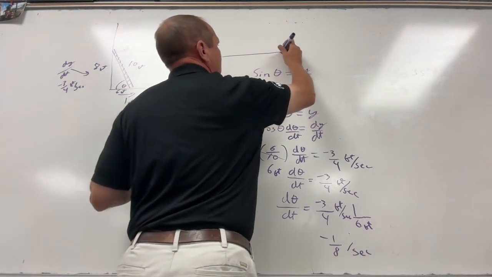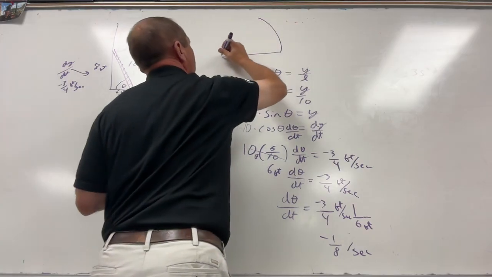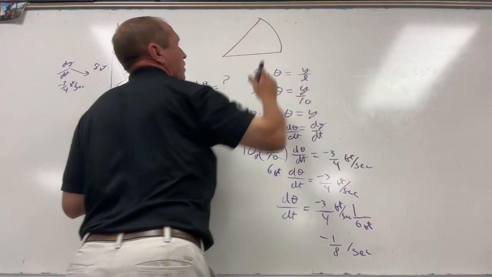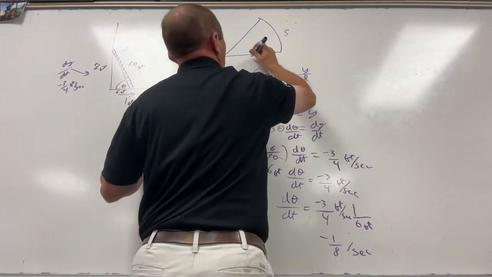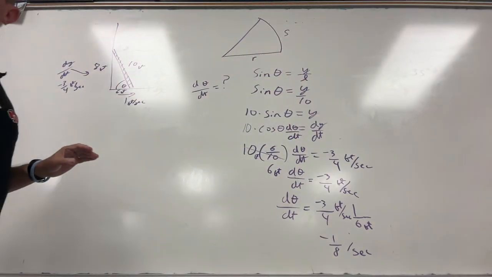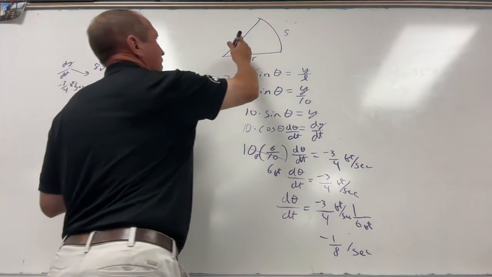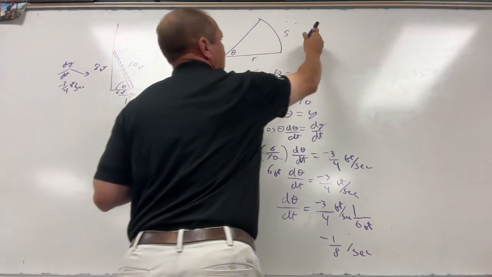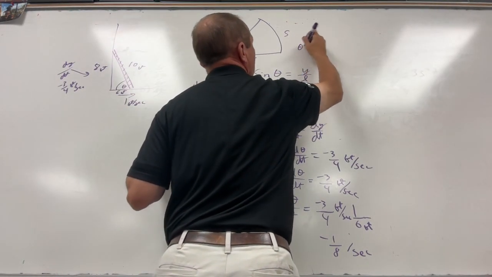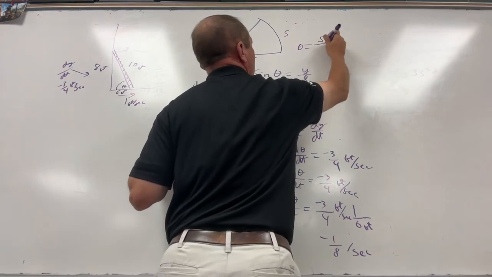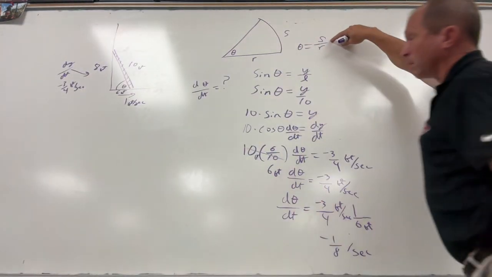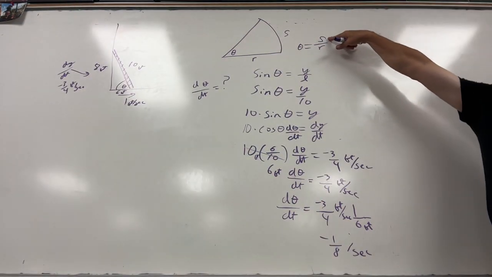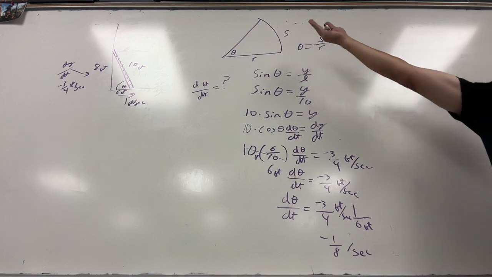But a radian comes from an arc length. And if I want to know what the radian measure of this angle is, it's equal to the ratio of the arc length to the radius. Now, what are my units for arc length? It could be feet, it could be anything, right?